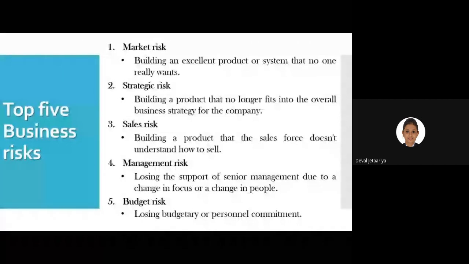Market risk, obviously. Second is strategic risk. Strategic risk means building a product that no longer fits in the overall business strategy of the company. Sometimes in so many products, even in so many software, we'll have modules and applications which are no longer used, right?